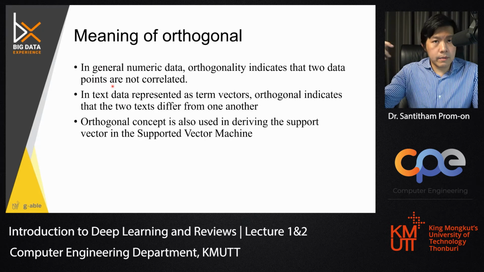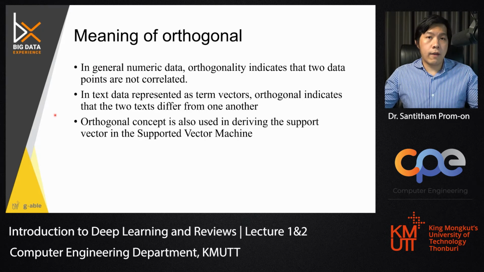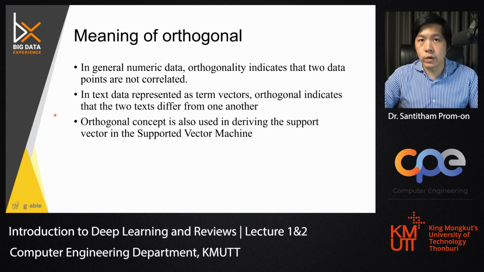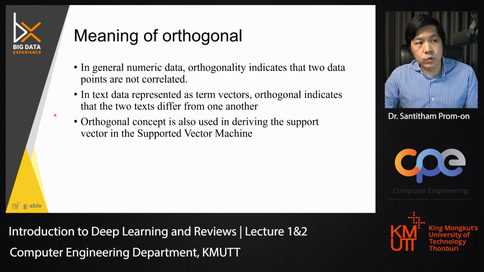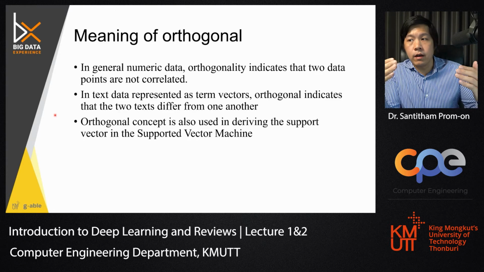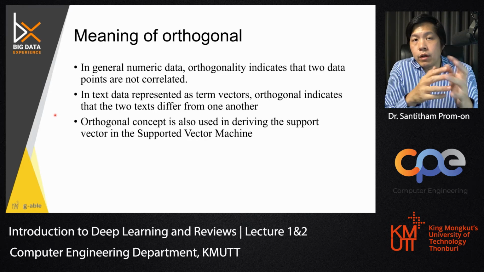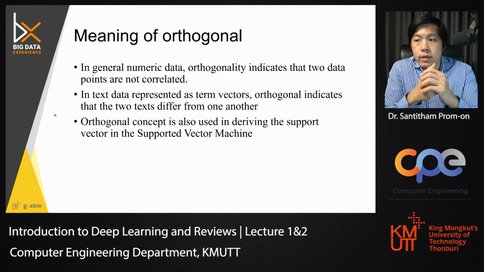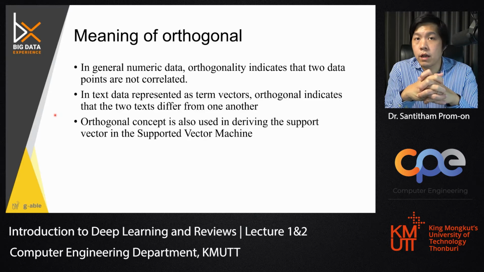But think about it this way: suppose you talk about text data. If you have two vectors representing the keywords extracted from two different documents, and when you calculate the orthogonality between the two vectors you find that they are orthogonal, when you dot them you get 0, that would mean the documents potentially belong to different topics.